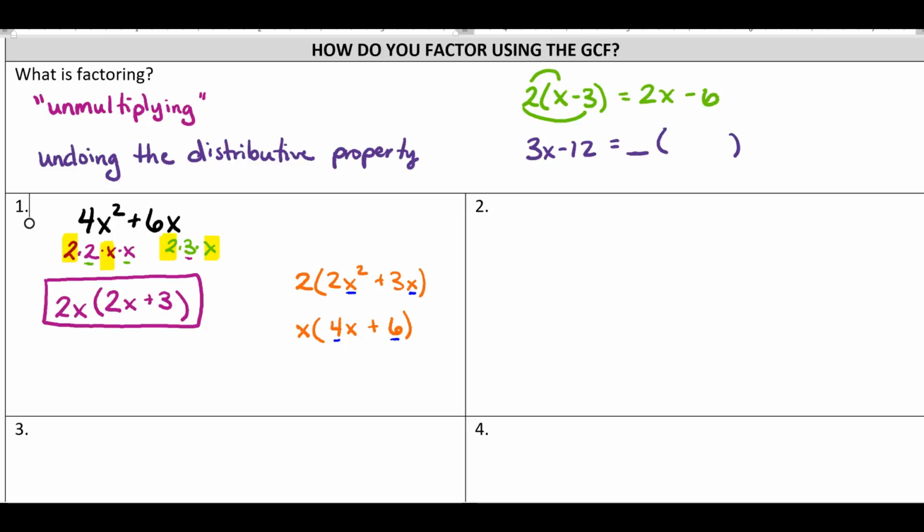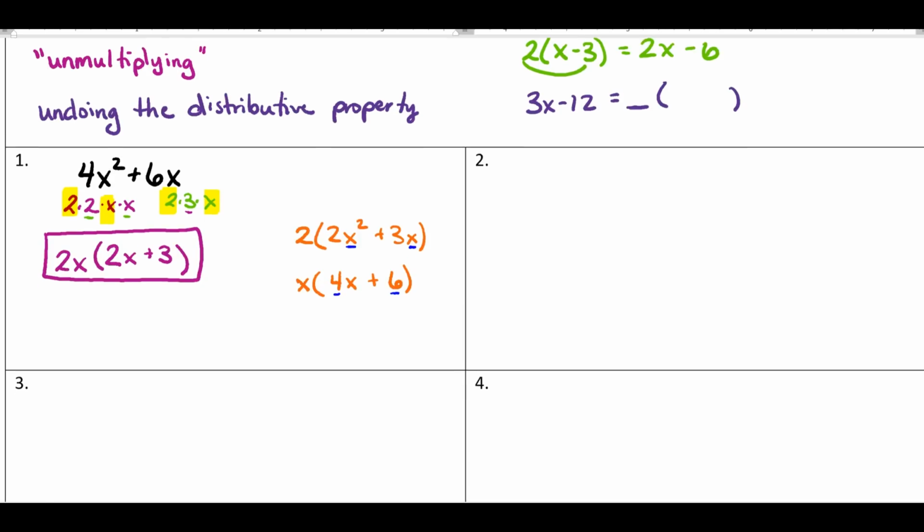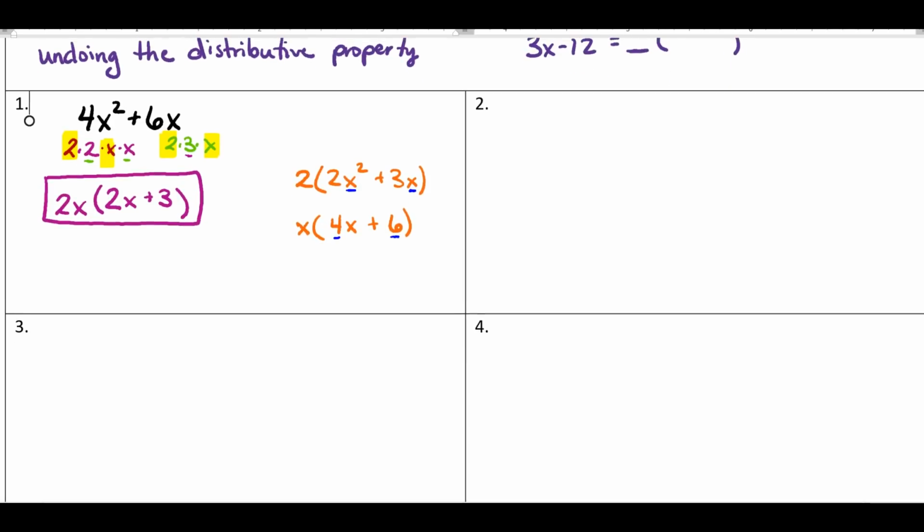So looking at number 2, this time we're going to look at a trinomial. So that trinomial is going to be 3x squared plus 12x minus 24. So what we're going to do is we're going to figure out all the prime factors of these 3 terms. Now remember, this time we have a trinomial with 3 terms. We have to find a common factor, if possible, for every single term.